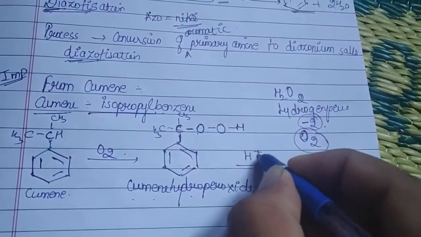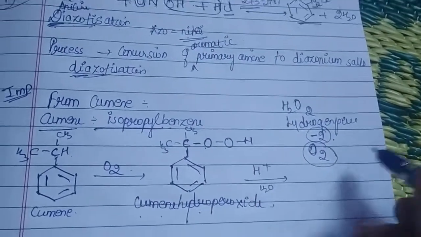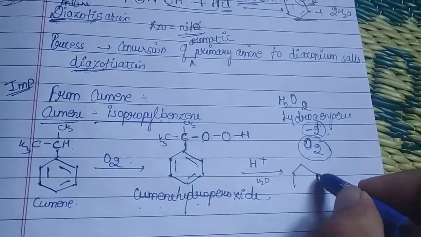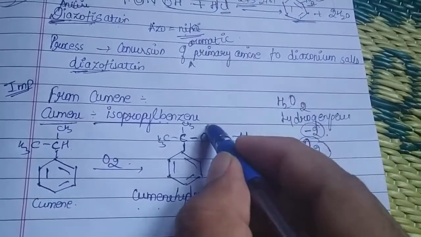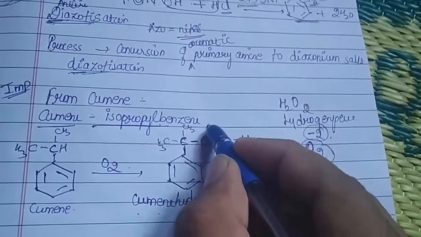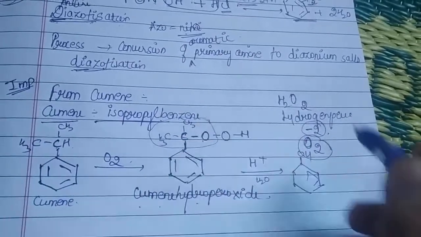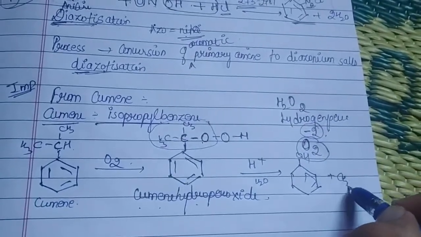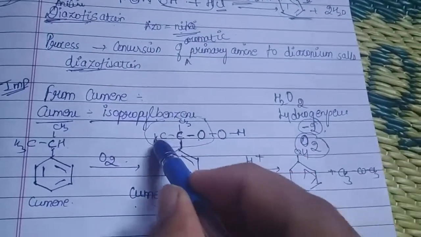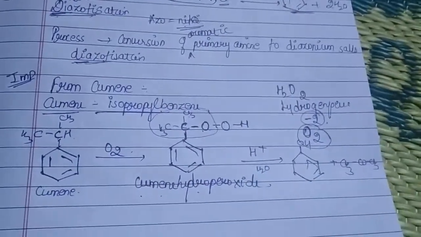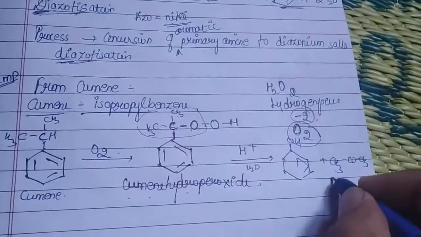So once we have got this cumene hydroperoxide, what are we going to do? On acidification in the presence of water, I will be getting phenol. And do remember what happens further, this is an important thing. This part will go out and will be forming CH3COCH3. So this is called as our acetone.